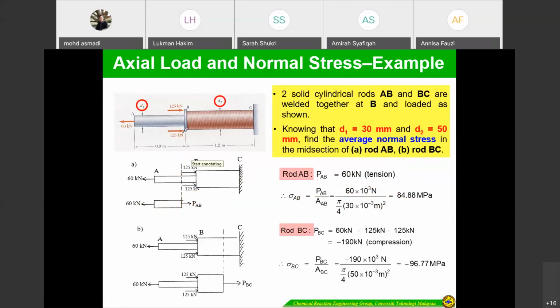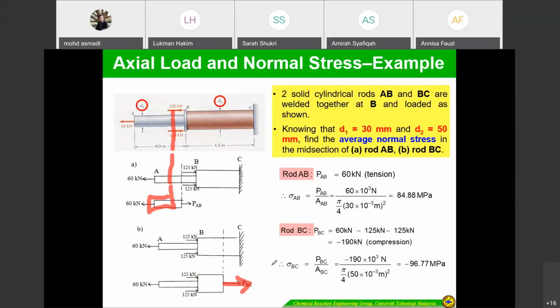I think you have to do this kind of free body diagram so that you can see the overall forces acting on the rods, and see which section you cut. If you look here, we cut between B and C, and this is the direction for P_BC.